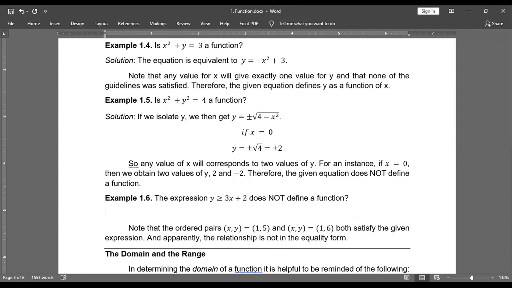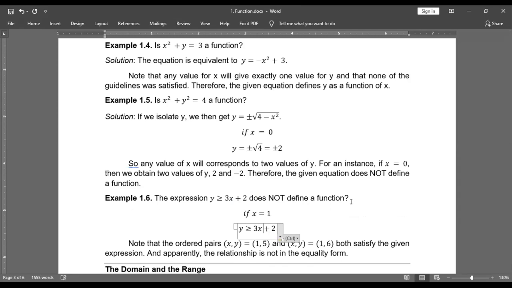So again, let's try to assume a value of x. In this case, we assume that if x is equivalent to 1, and yung equation.